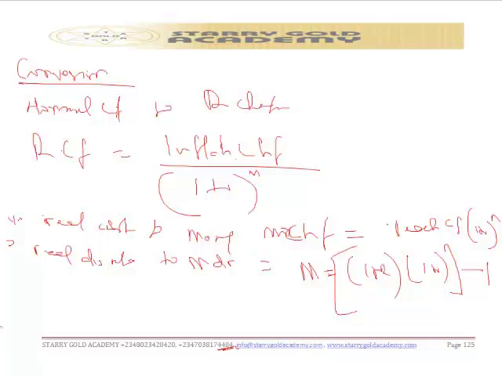And lastly, to convert money discount rate to real discount rate, the real discount rate is equal to 1 plus m all over 1 plus i, everything minus 1.